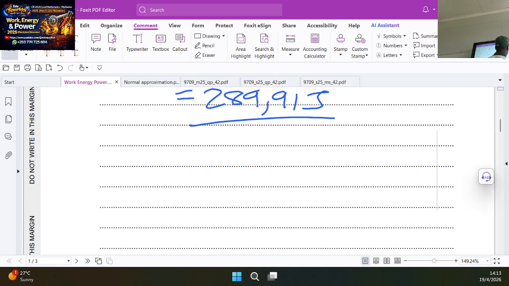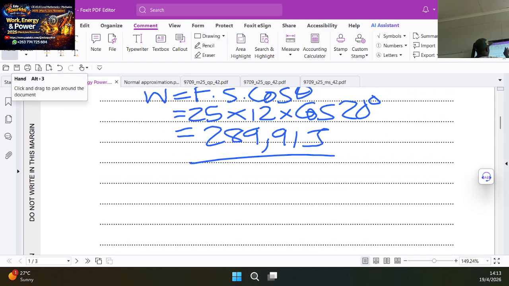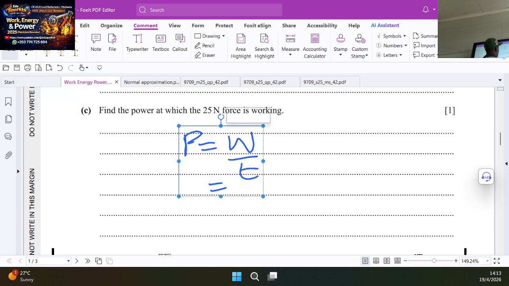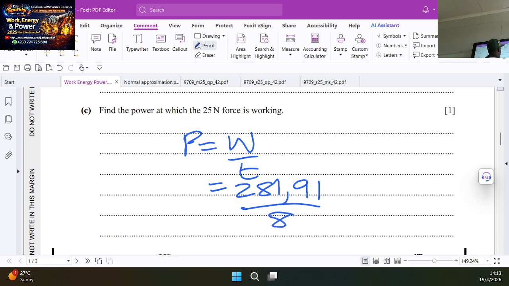Well, I said 289 there. Let me correct this. It is 281.91. So with that in mind, our work is 281.91, all over the time we're given, which is 8.